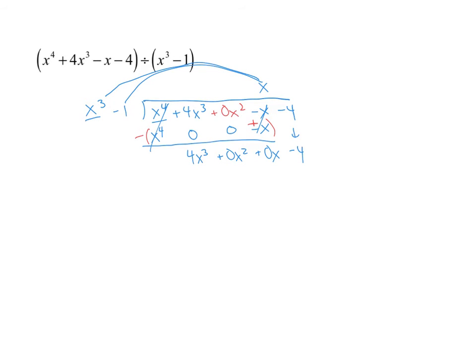Now I divide again, so I compare x to the third with 4x to the third, and I ask myself, what would I multiply x to the third by to get 4x to the third? And that would just be a 4.